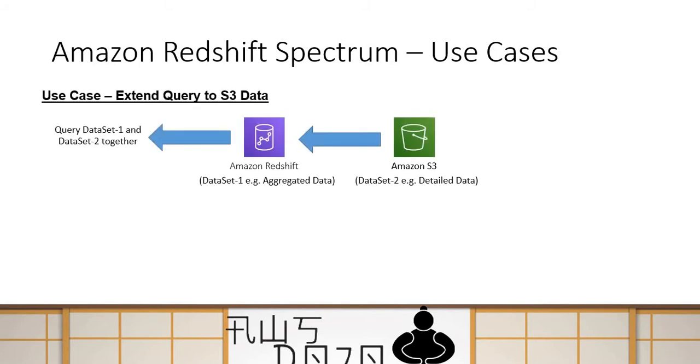The first one is that generally I have seen scenarios where people have two data sets. For instance, they have some data which they keep inside S3, which is very detailed data, row level data, transactional data. And then they create some kind of aggregated view of the data in Redshift.